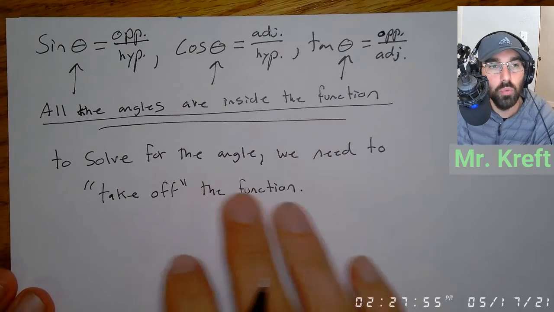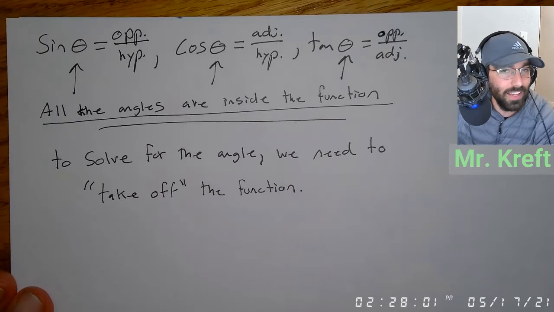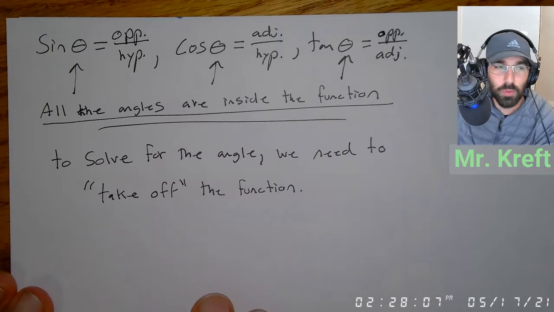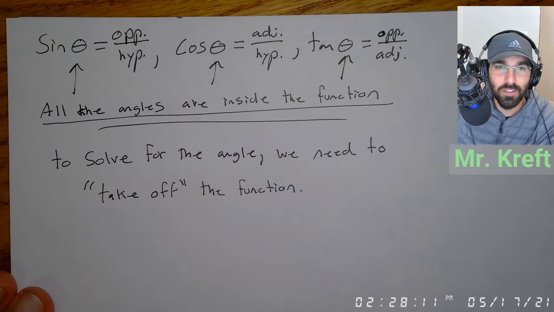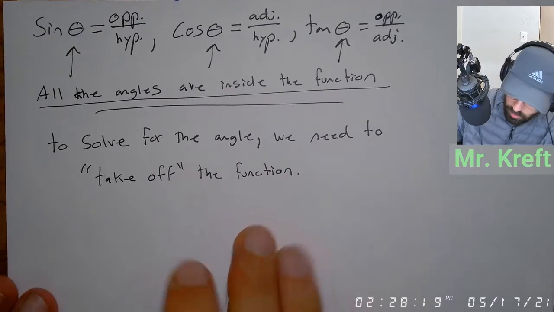Okay, so to solve for the angle, we need to take off the function. Okay, we can't divide. This isn't sine times theta. It's sine of theta. We're in a shoe, right? To take off your shoe, you don't take a copy of that shoe and put it underneath your shoe, and all of a sudden the two shoes go away. That would be weird, right? Okay, so we're gonna take it off.